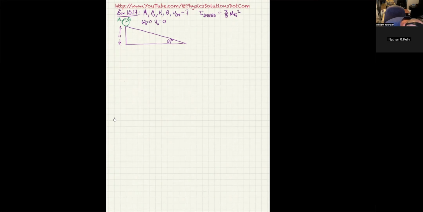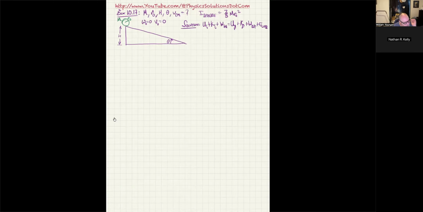So, solution, we're going to use conservation of energy again here. We're going to start with U initial plus K initial plus work in is equal to U final plus K final plus work out plus E loss.